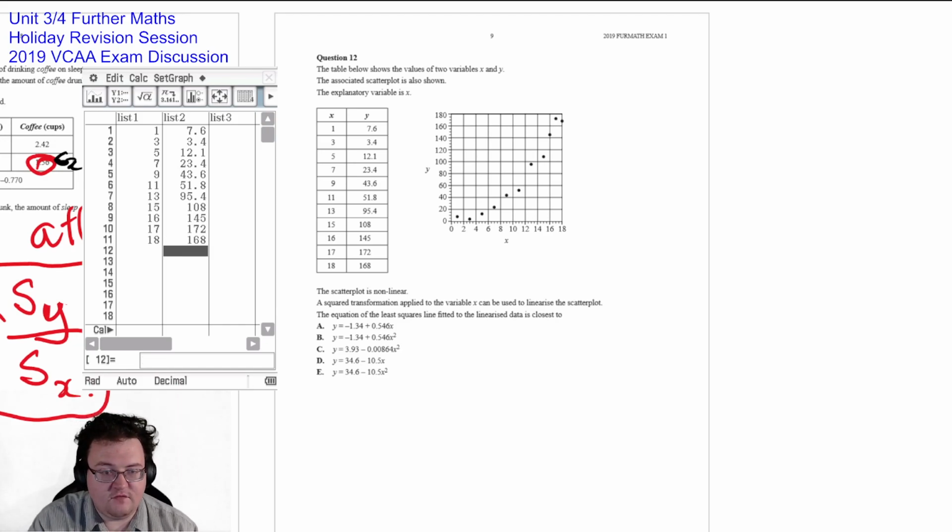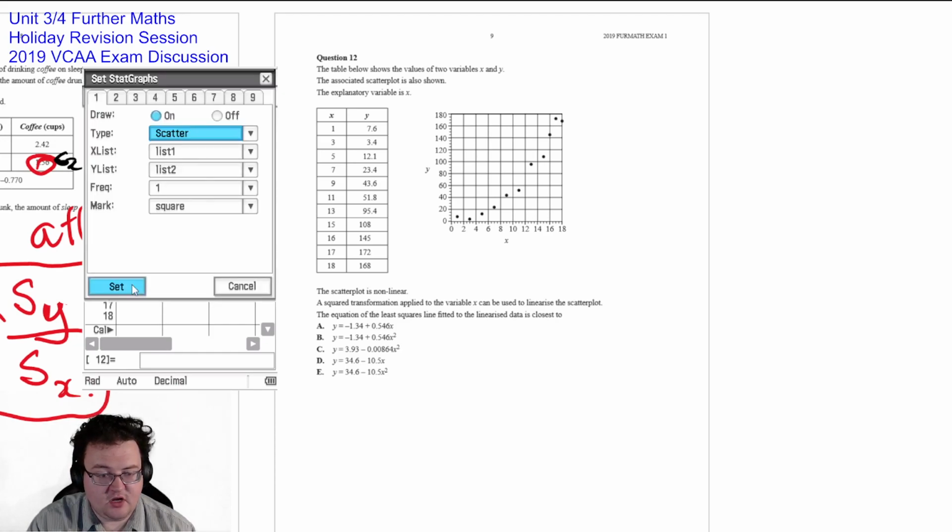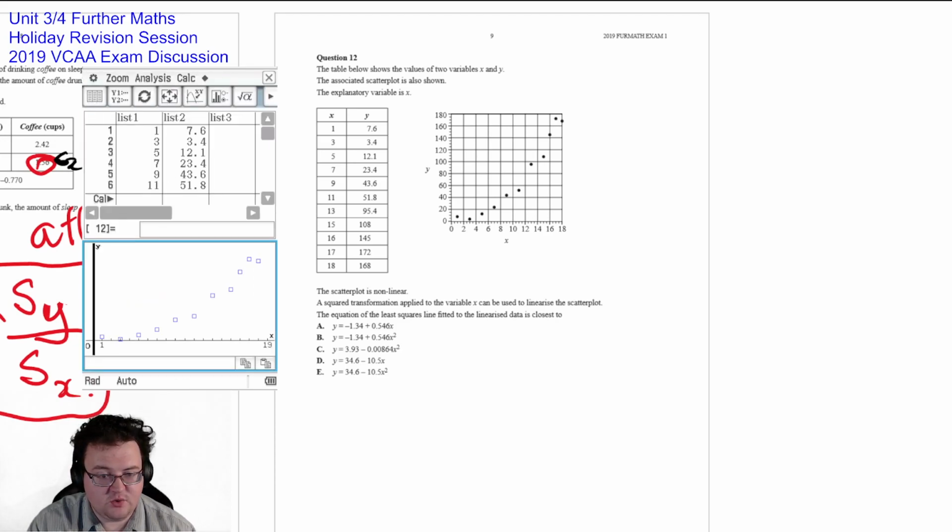I've got my data there. I'm going to set that as a scatter plot and draw it. Does my scatter plot look like the one on the page? Yes, looks pretty good.